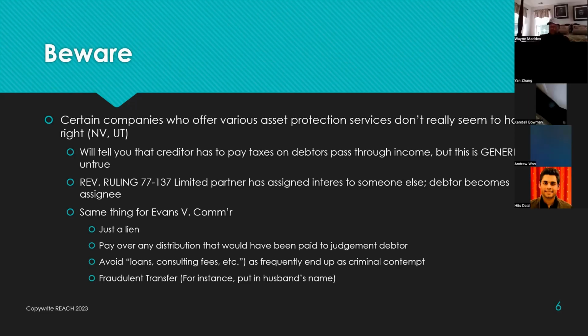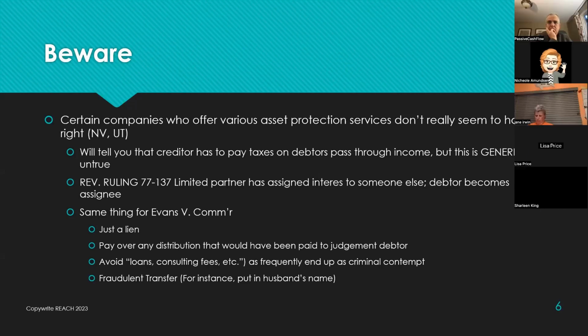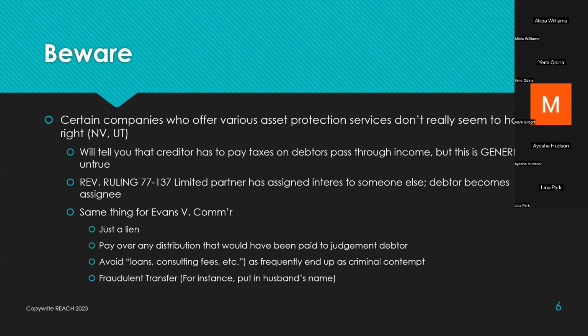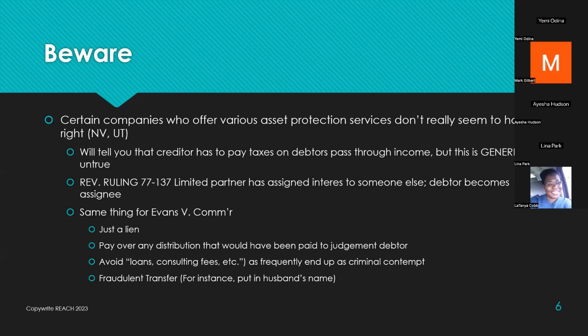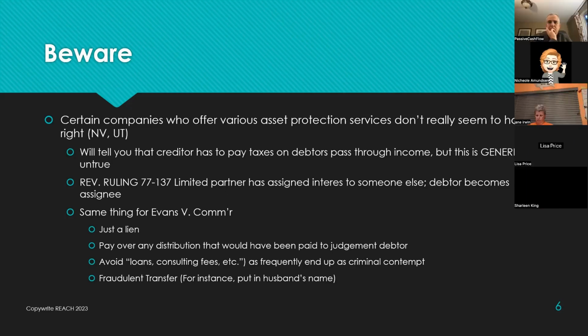Most of the time, you are still going to owe the taxes. People talk about this in terms of the poison frog, right? Sure, you can sue me and get a charging order, but now you are responsible for all my taxes and I don't have to give you a distribution to pay for those taxes. Most of the time, that's not true. There's lots of different cases out there that talk about this.